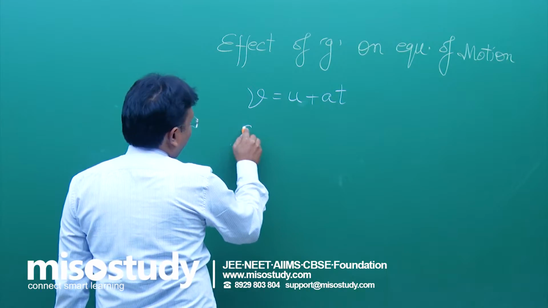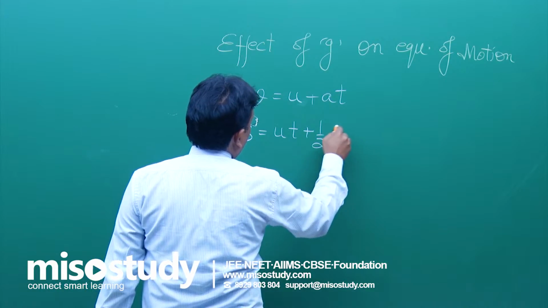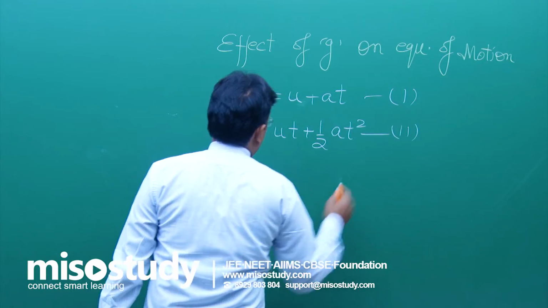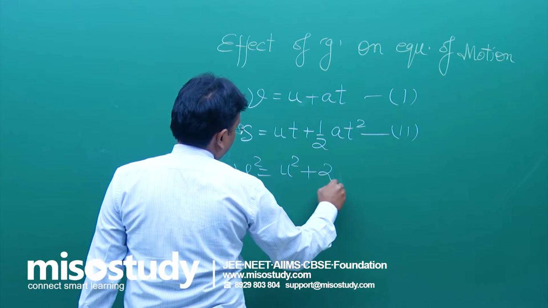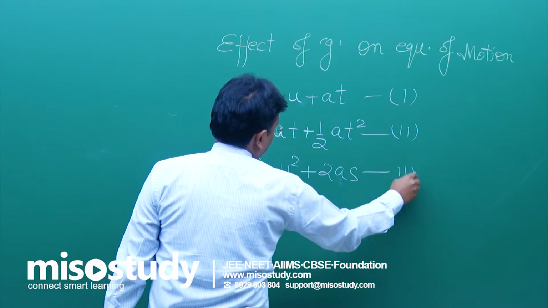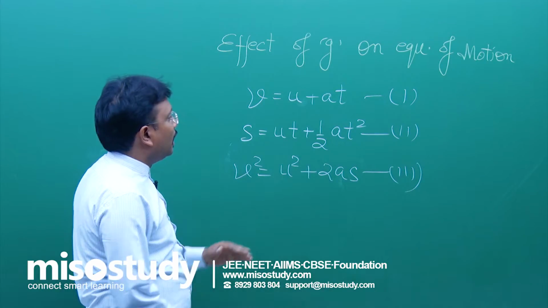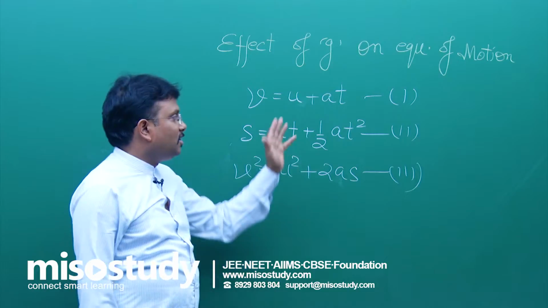Then S is equal to UT plus half AT square, and then V square equals U square plus 2AS. These three equations we learned. We also know the basic graphical method to find these relations.